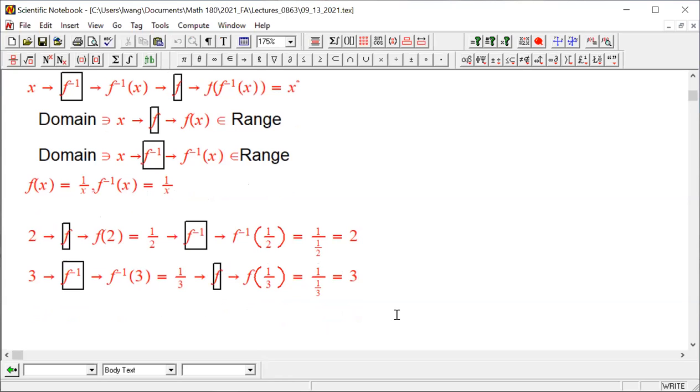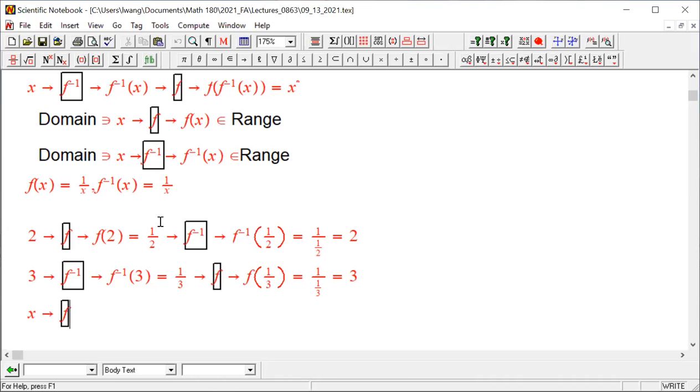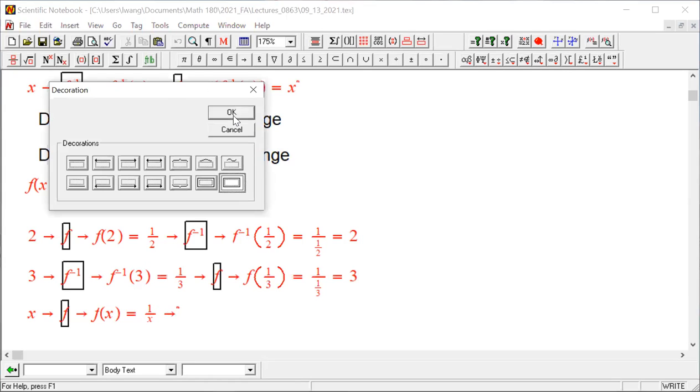Okay, last but not least, suppose I give any input from the domain of F. I'm applying F, and it's going to come out as F of x, which is going to be 1 over x. Apply the function, and then I'm going to apply the inverse.